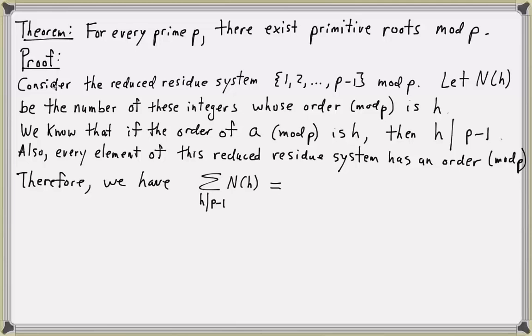I've counted every single element of this reduced residue system exactly once with these capital N's. So the total should equal p minus 1, because there are p minus 1 elements in this reduced residue system.